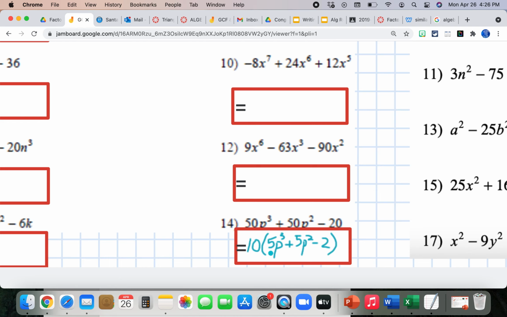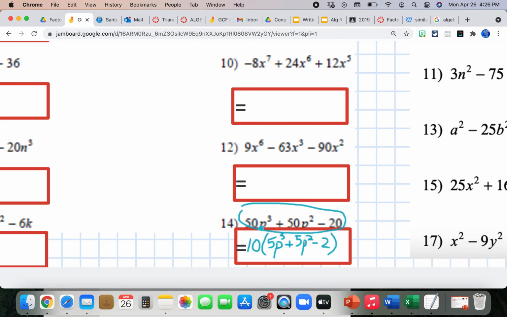Okay, so when you're done with this, you know that 10 is the greatest number that you can withdraw, because look at this. I don't have any more common numbers or letters. Then I'm done. Okay, I can check my answers just by multiplying it back in, and I need to get back to this original problem to check the answers.